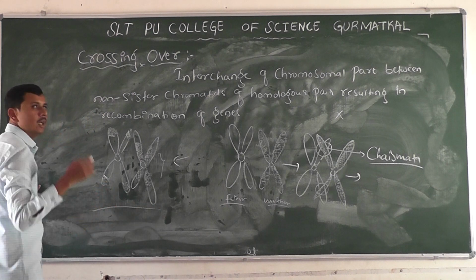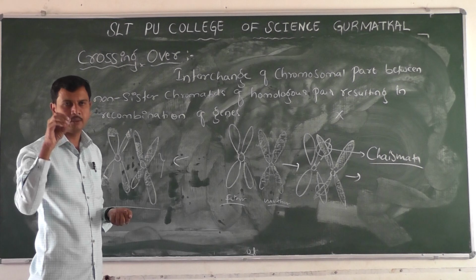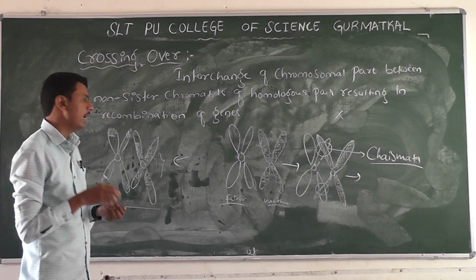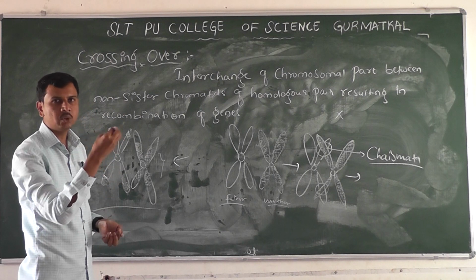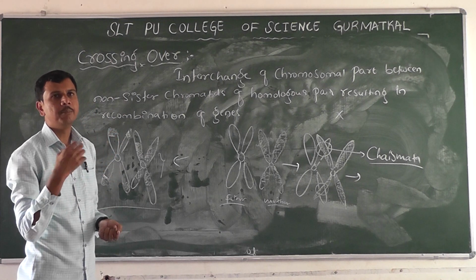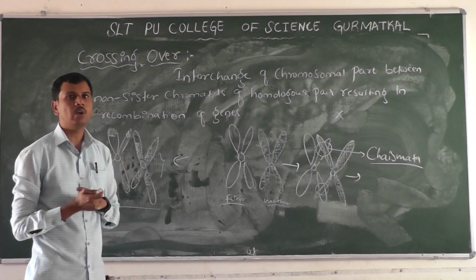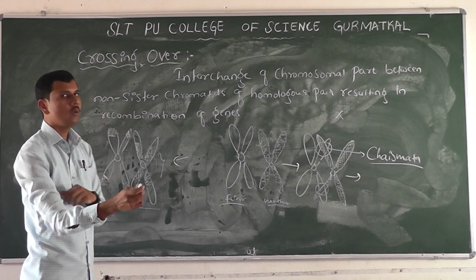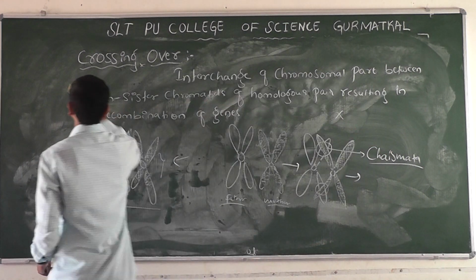The father chromosome has some amount of mother genetic material, and the mother chromosome contains some amount of the father's genetic material. This complete process we call crossing over. Next we will concentrate on linkage.